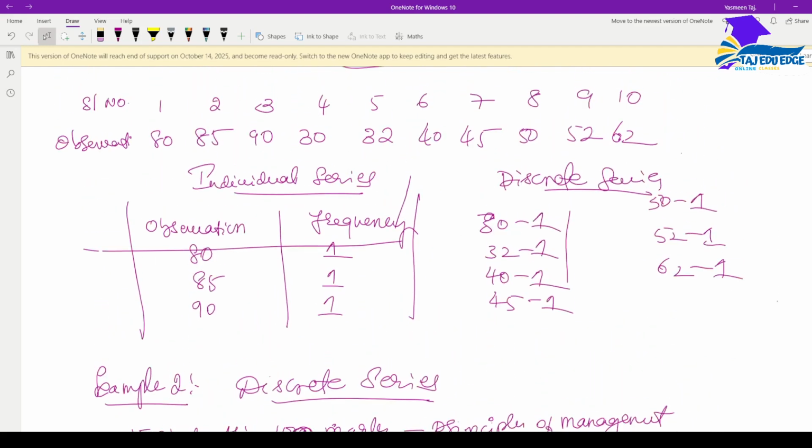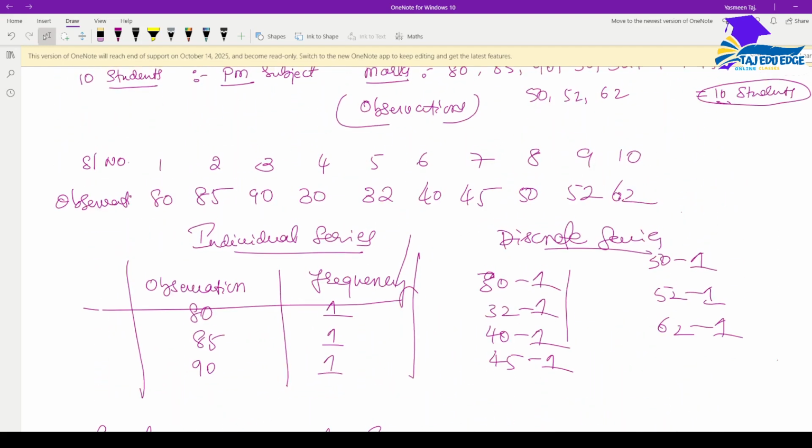In that case, the numbers were not repeated and there were 10 students, so it was easier for us to write it on a paper or a sheet. But when it comes to 100 students, assume that I have to write each student's marks. Is that easy?